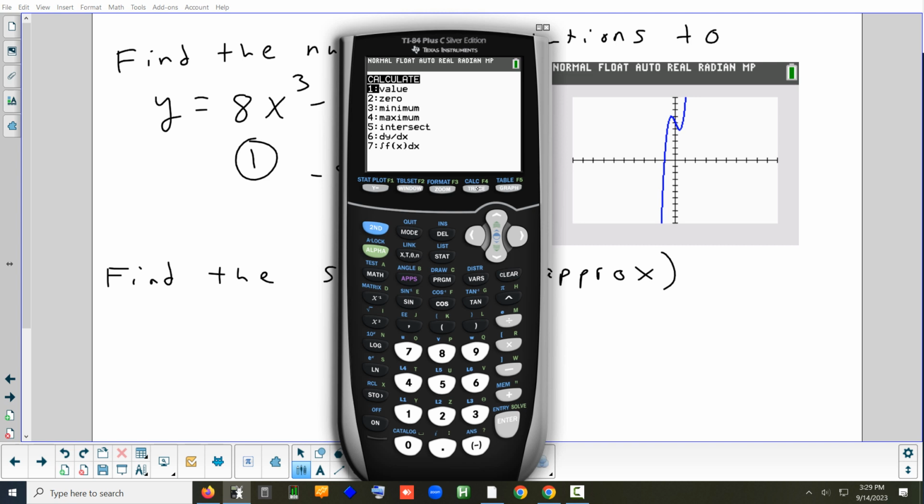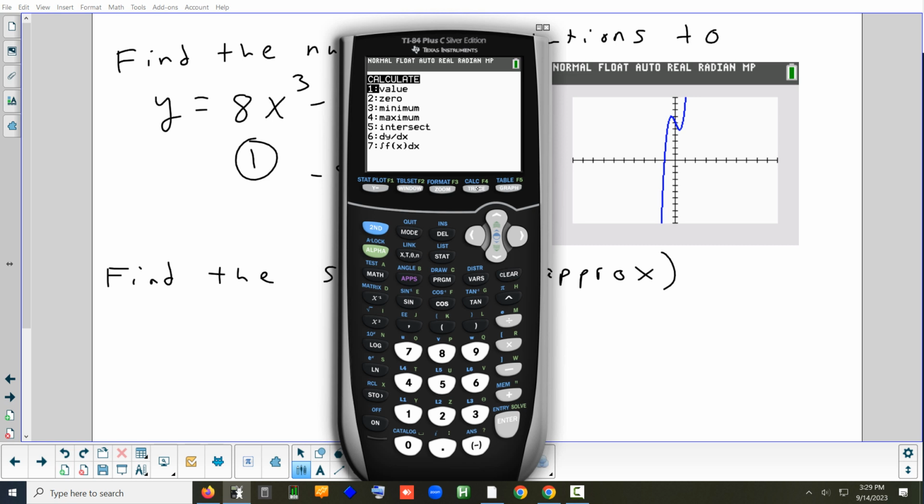I'm not even sure what it does exactly. No. So intersect is if we have two different lines and we're trying to see where they cross. I remember using maximum. We did use maximum or minimum. We did use one of those actually when we did the projectile motion, I think that was last week. We're not trying to find a maximum or a minimum. 0. Yeah, we're trying to find a 0.